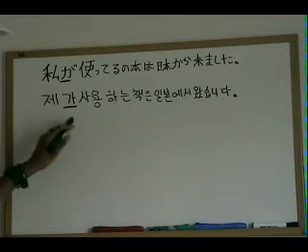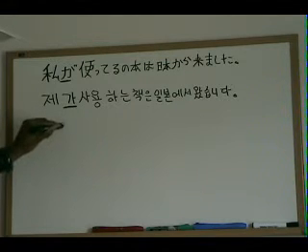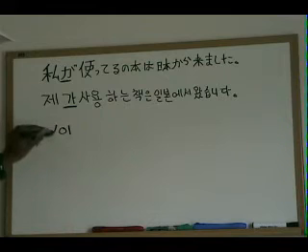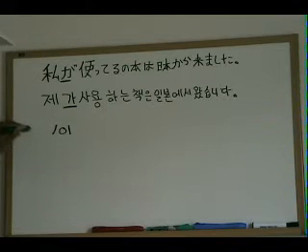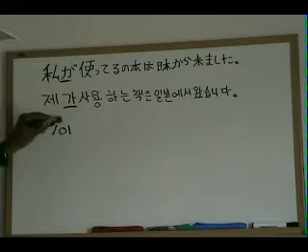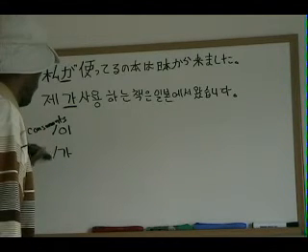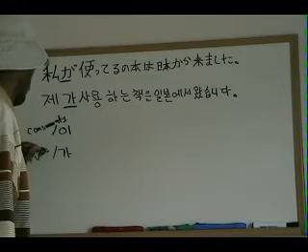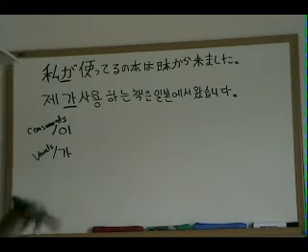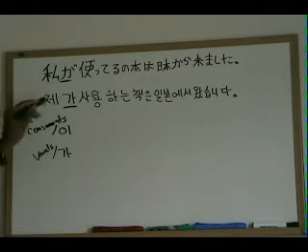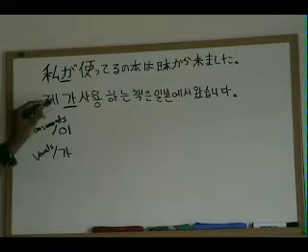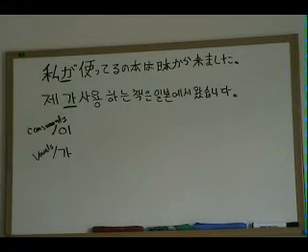If it was a consonant, it would be i. So i is for consonants, and ga is for vowels. Here it's a vowel, so it's going to be ga.